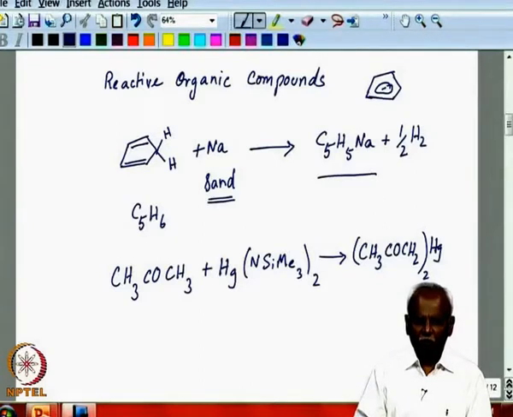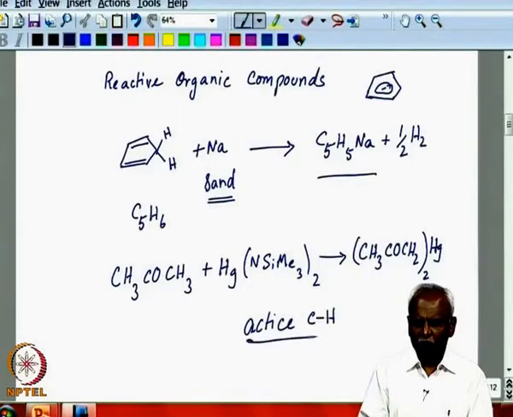Yet another method of making an organometallic compound starts with a reactive organic compound where there is an active CH. In both of these cases, the presence of an active CH is what is important.